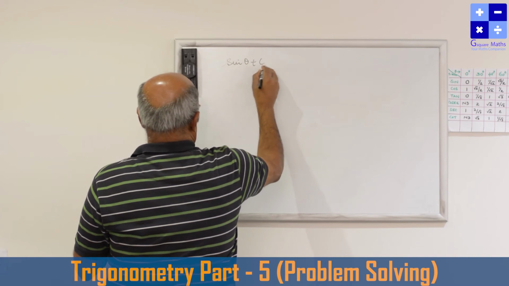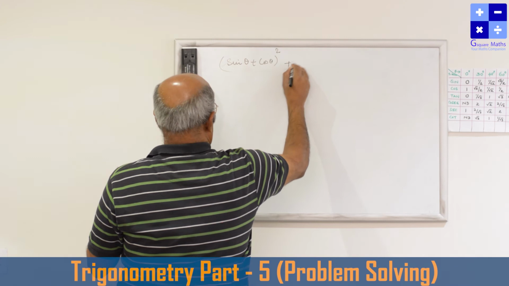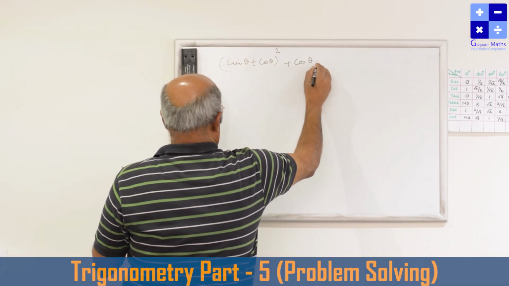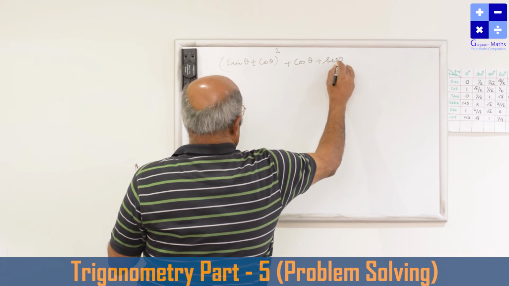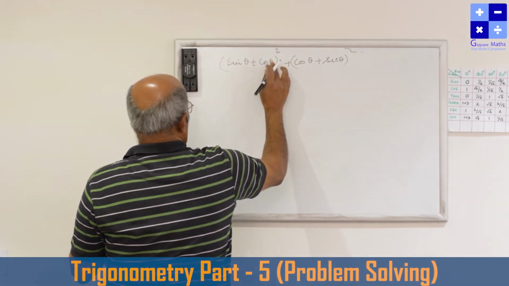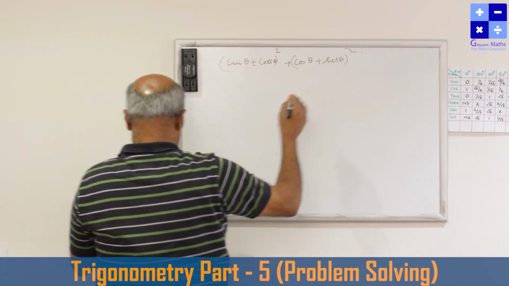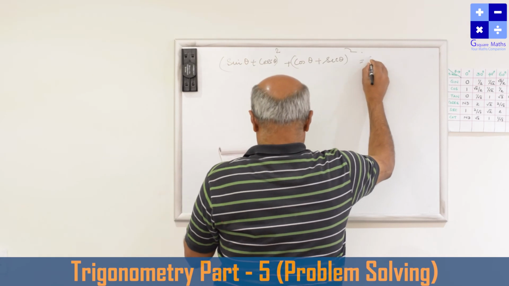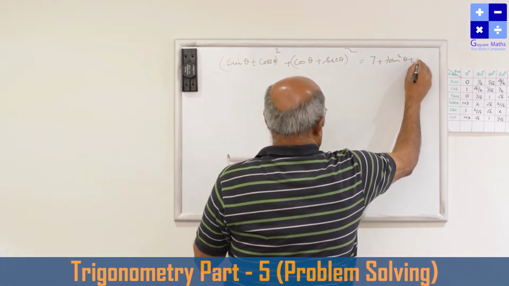Sin theta plus cos theta whole square plus cos theta plus sec theta whole square. Sorry, this is cosecant theta. Is equal to 7 plus tan square theta plus cot square theta.